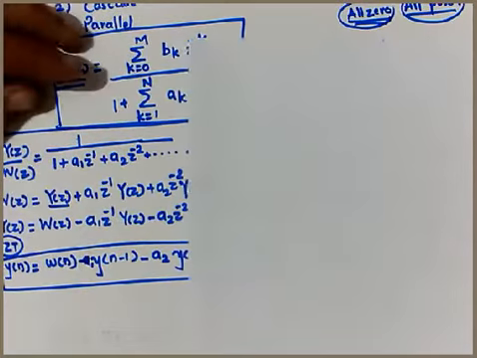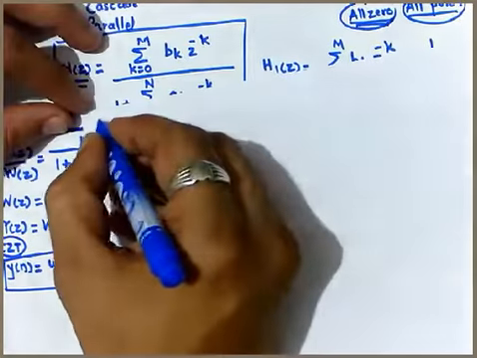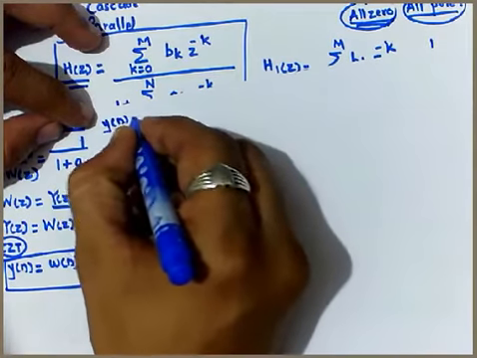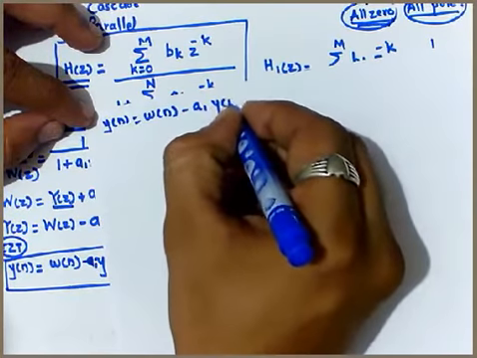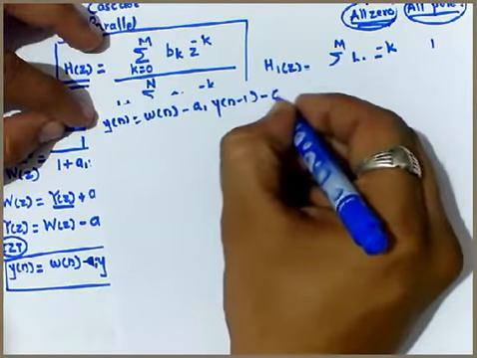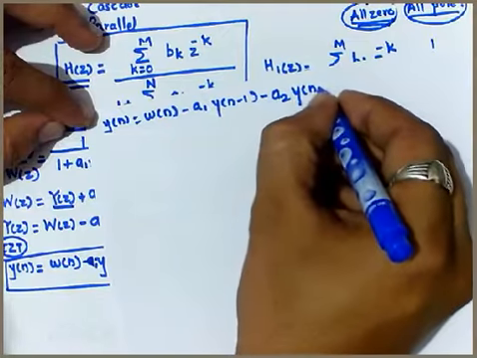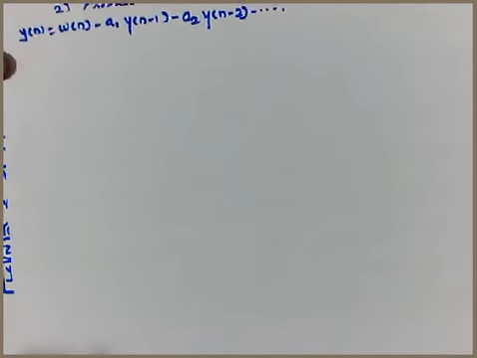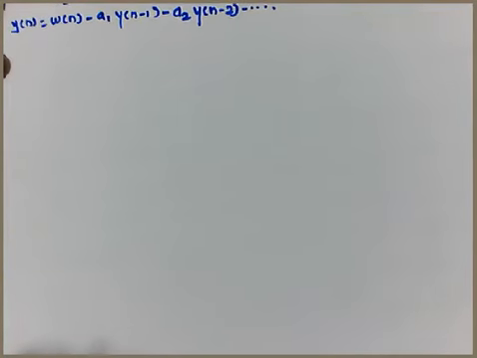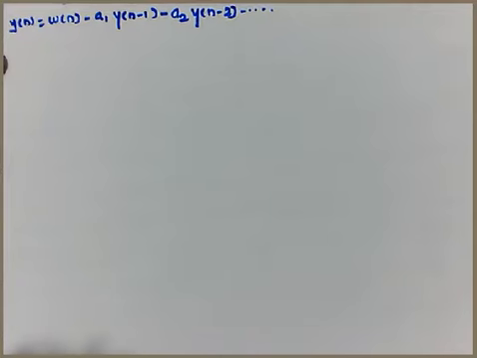Let me write the equation again here, that is y of n is equal to w of n minus a1 times y of n minus 1 minus a2 times y of n minus 2 minus dot dot dot. So this is the equation with us right now. Now we want to write down the realization structure for this equation.